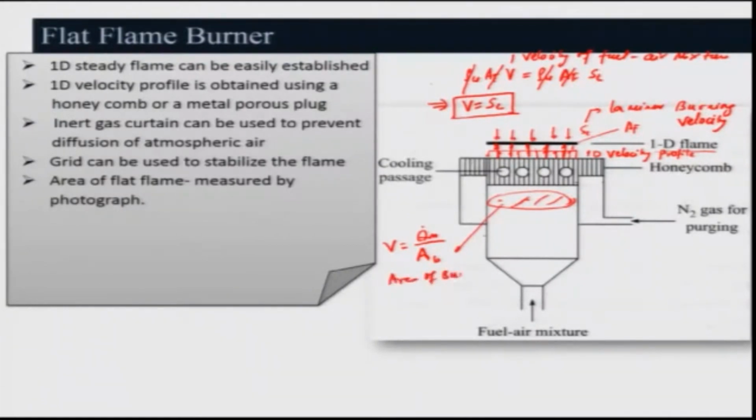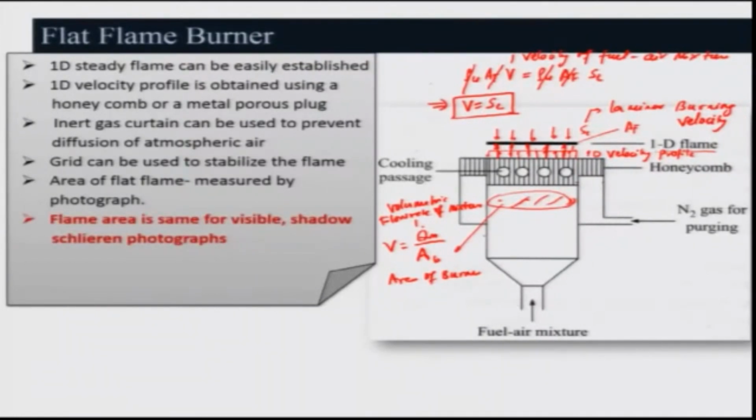Very easily you can get this, and that is nothing but equal to the laminar burning velocity.